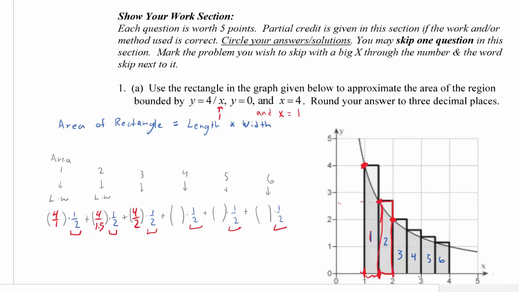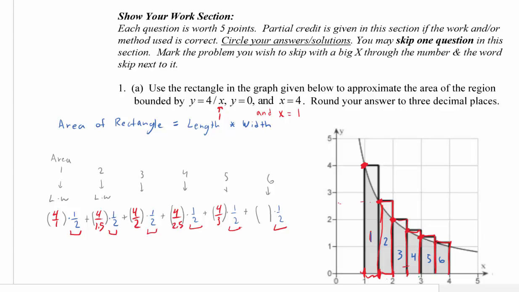Our next rectangle here, the y value is given by our function 4 over x, and that x value is 2.5, times 1/2 to give us the area. And the next rectangle, the y value at x equals 3 is 4 over 3 times 1/2. Knowing when to stop is pretty important.